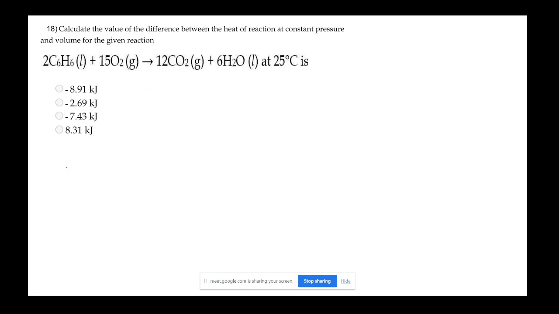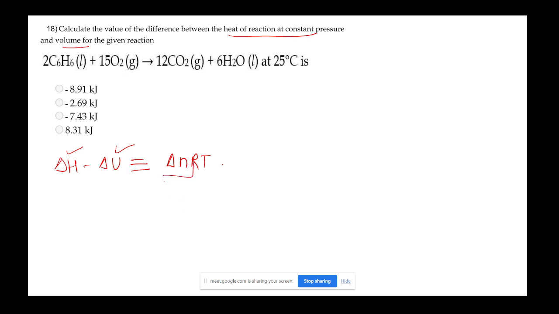So again you need to find delta H minus delta U, because you need the difference between heat of reaction at constant pressure and constant volume, which is delta H and delta U. So this will be equal to delta N RT, as I had shown earlier.